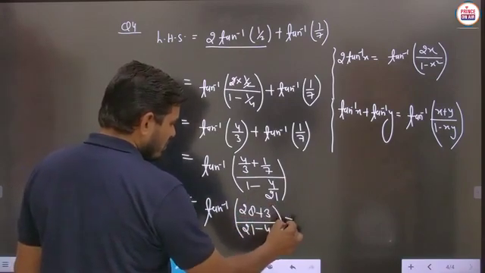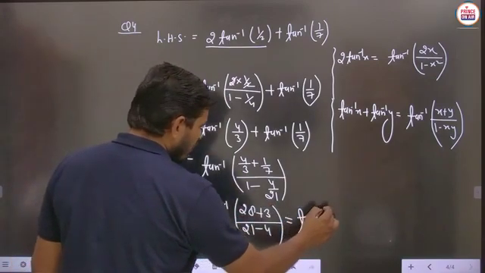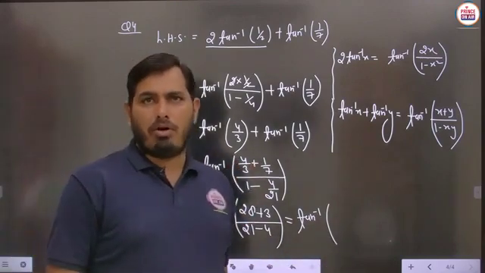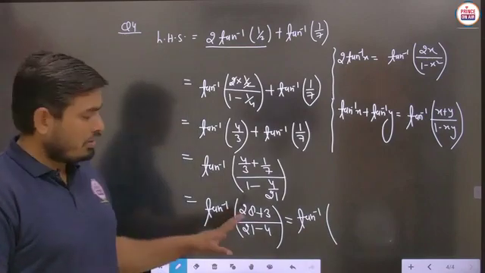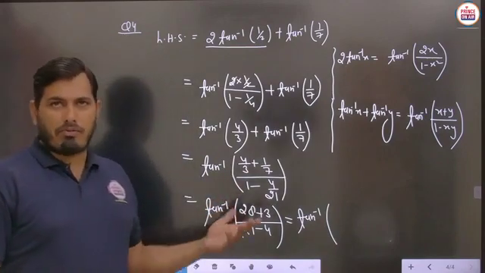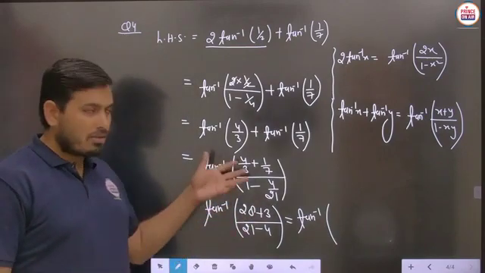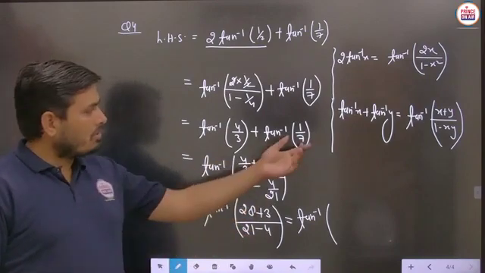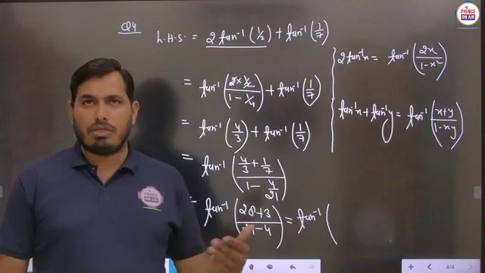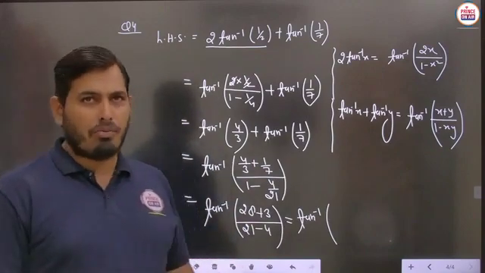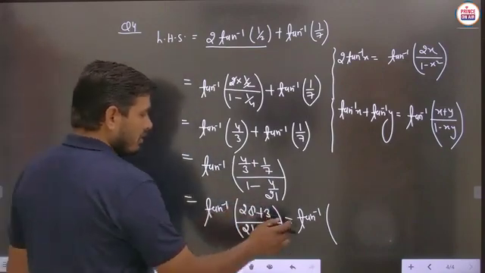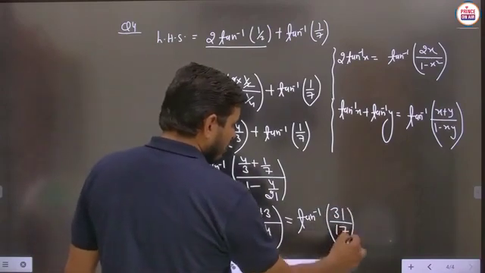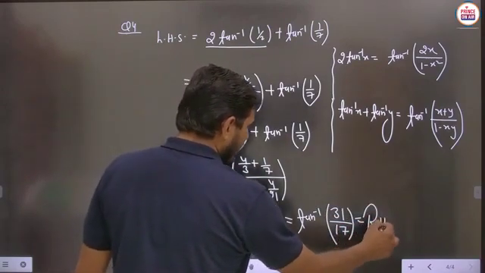You can simplify yourself because this is the calculation part. Here there is some addition and subtraction of fractional numbers, so easily you can do this calculation by yourself. You just have to understand the thing, because this is not the concept here. The concept is what we are using here and how the particular answer is obtained. So this 28 plus 3 will become 31 divided by 17, and I think this should be equal to your right hand side.